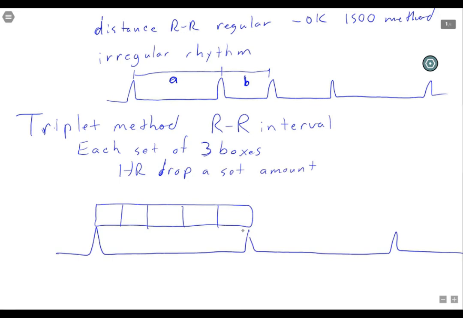What we do is we say, well, if the R wave would have been here, the heart rate would have been 300. And if it would have been here, it would have been 150, and here it would have been 100. So that's your first triplet: 300, 150, 100. And your next triplet is 75, 60, and 50.